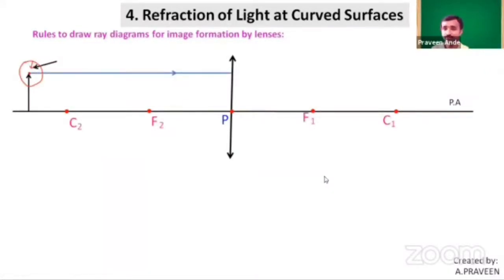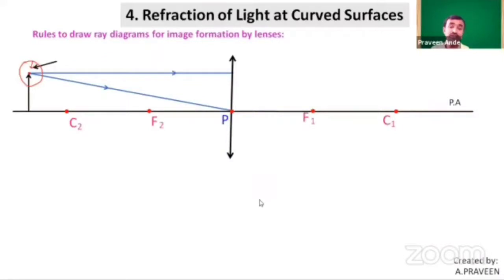This is fixed; the choosing of light rays is fixed. One is parallel to the principal axis and the other is passing through the optic center of the lens. See, I chose that point at the top of the object. From there only 2 rays are chosen.